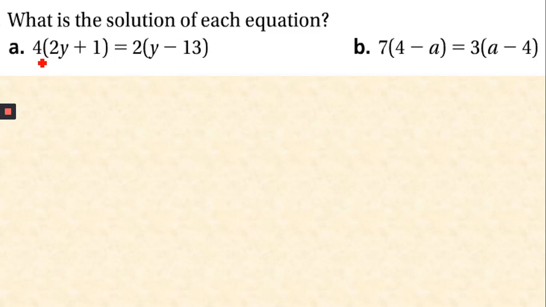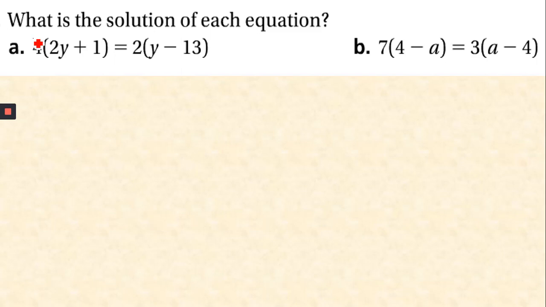Try to observe 4 and this parentheses. There's no plus sign here, there's no minus sign here. Therefore, the operation between 4 and this term is multiplication. We can get rid of the parentheses by applying the distributive property of multiplication.